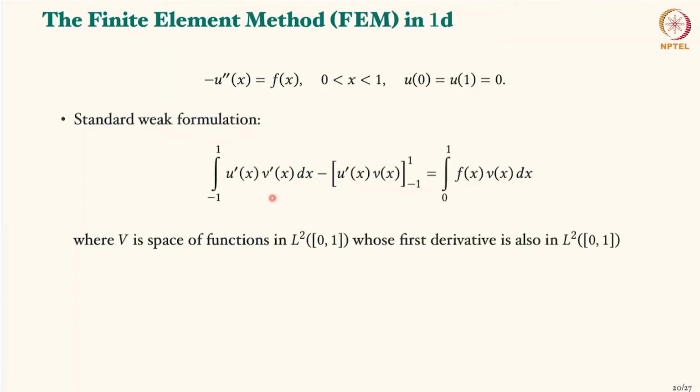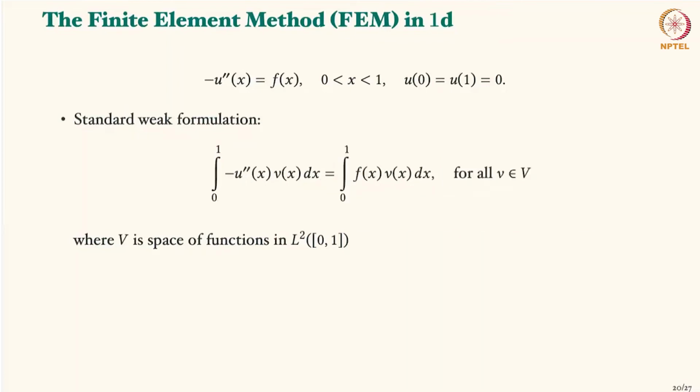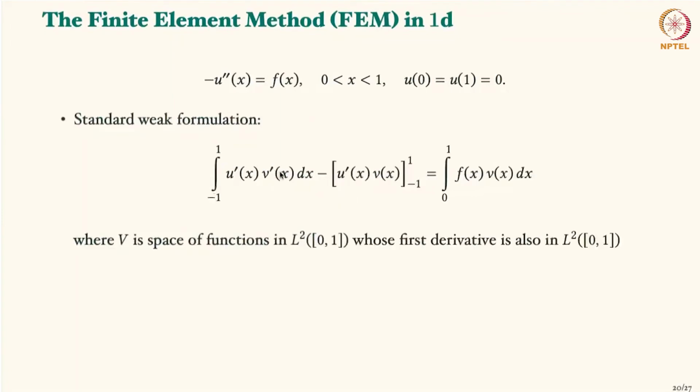Then there is a very versatile tool in basic calculus called integration by parts, and I'm going to do that here. I take this left hand side integral and use integration by parts, and I move one of the derivatives over onto the other function.